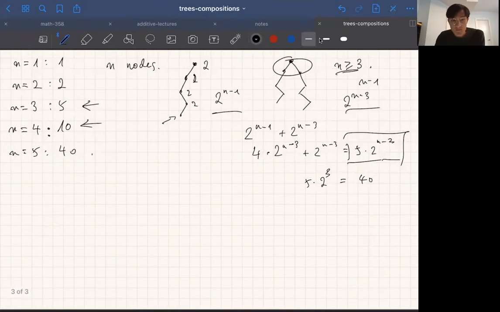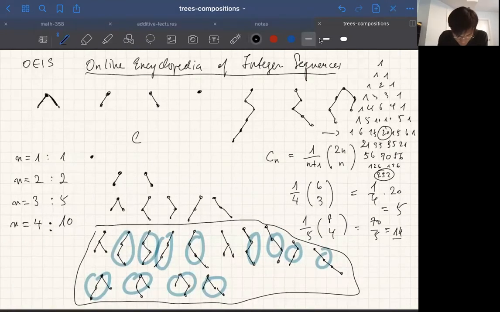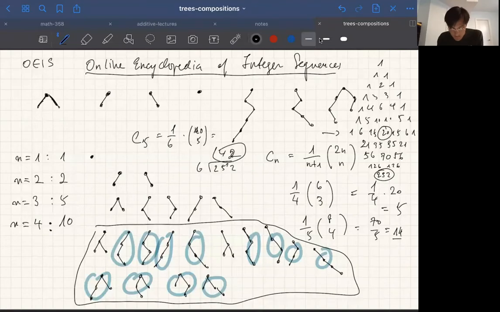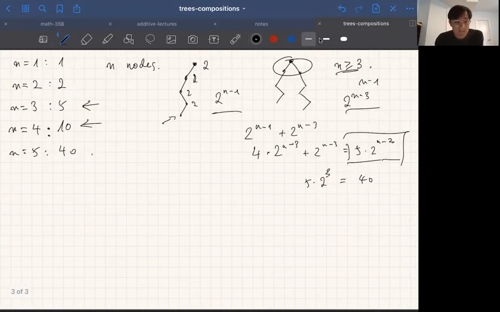And so it should be 10 choose 5. So the Catalan number of 5 is 1 over 6 times 10 choose 5, which is 252 over 6. What's that? It's 42. That's correct. So there are 42 total binary trees on n equals 5.